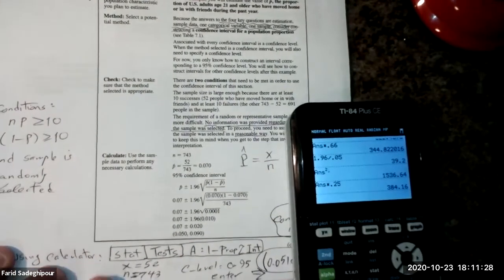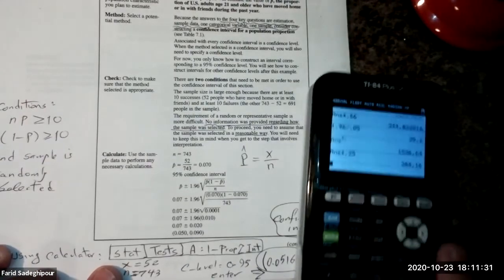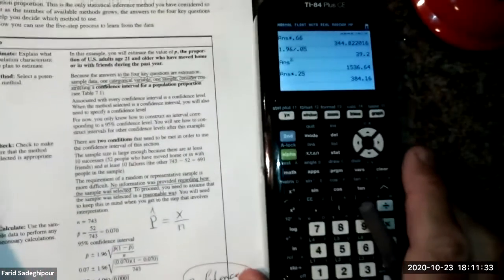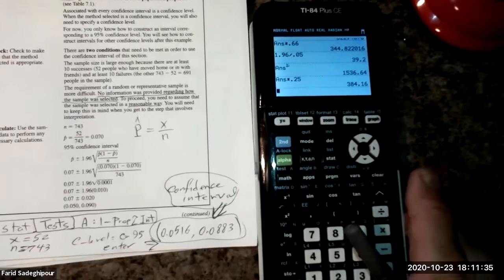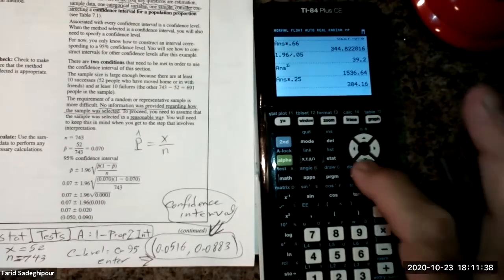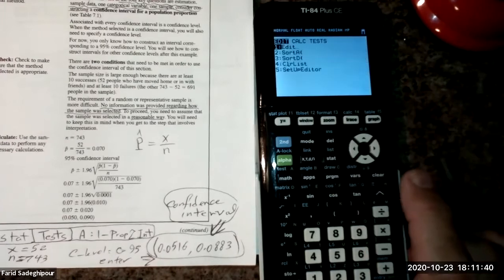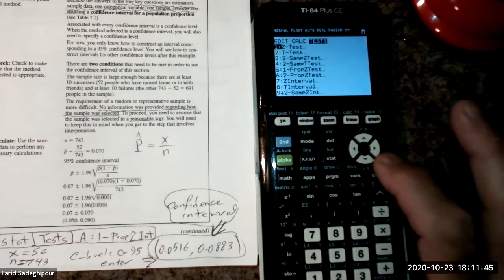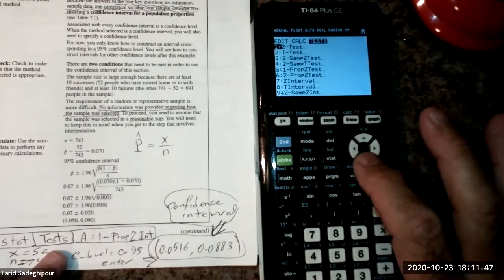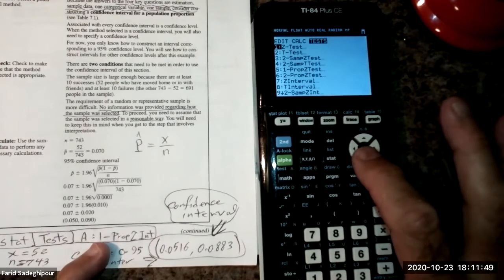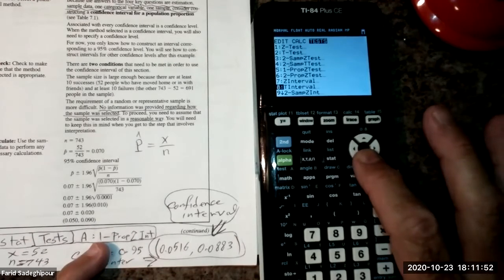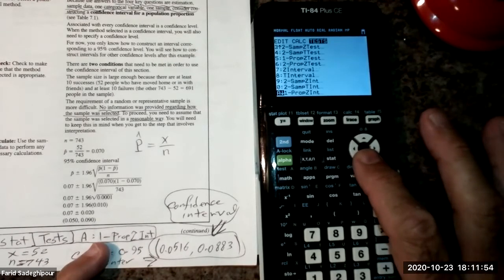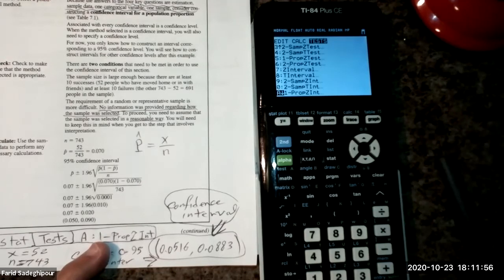So you go to STAT, scroll to the right to TESTS, and then go to A, which is that one, and enter.